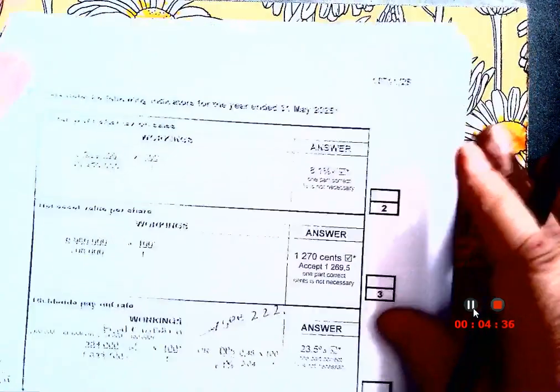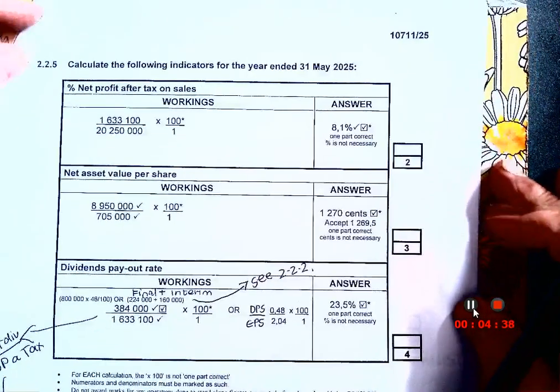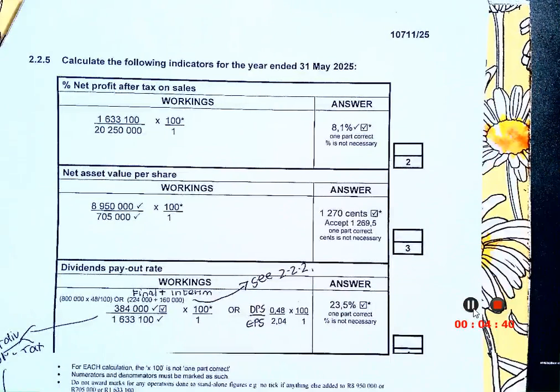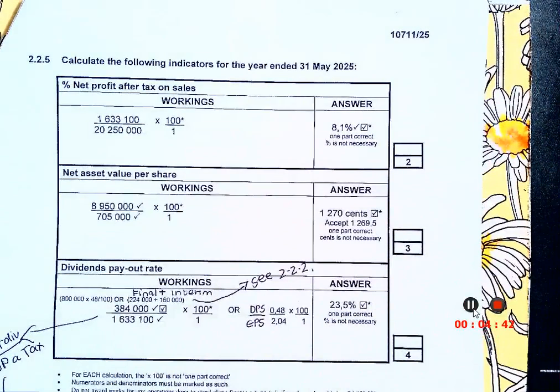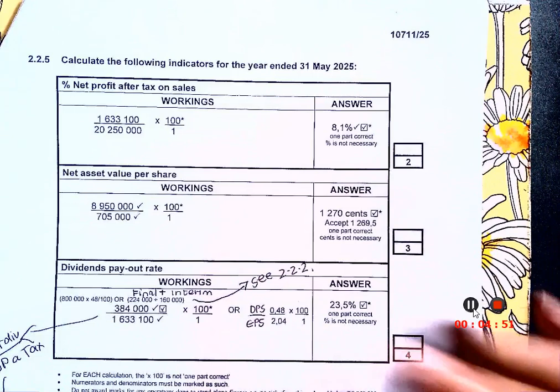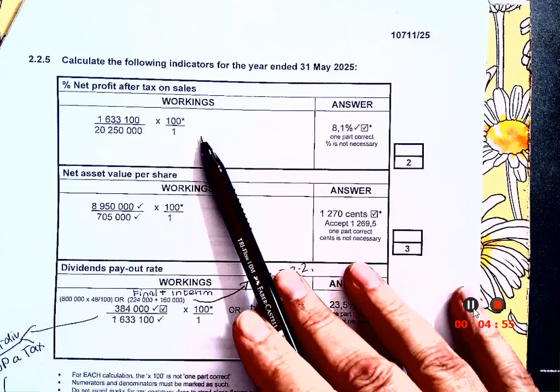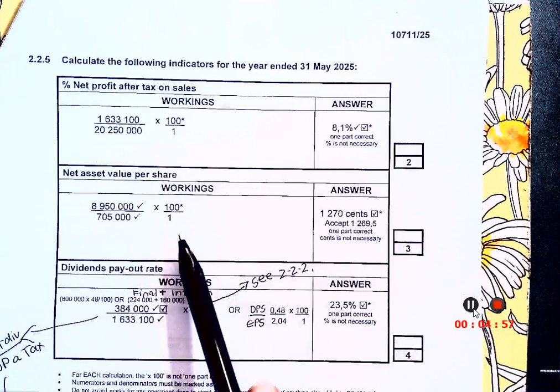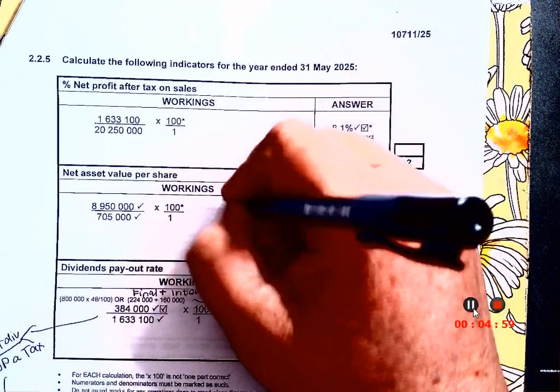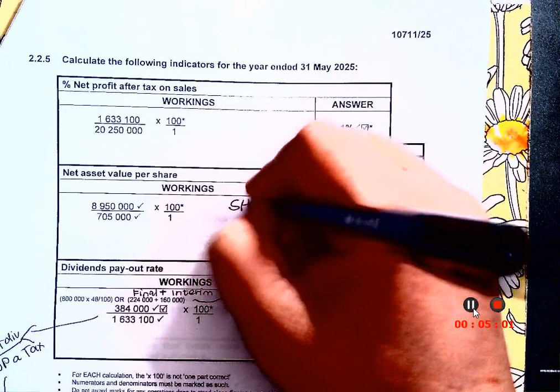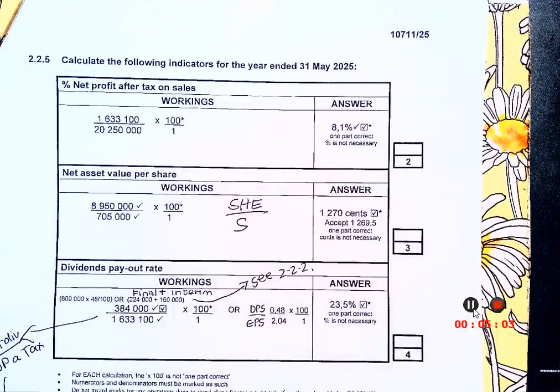Okay. They will always ask you to calculate 3 or 4 ratios, and on those 3 or 4 ratios, you must get full marks. Please. If I look at this, the first one, net profit after tax, most of you had that right. Net asset value, remember, she tells you too much. She overshares.